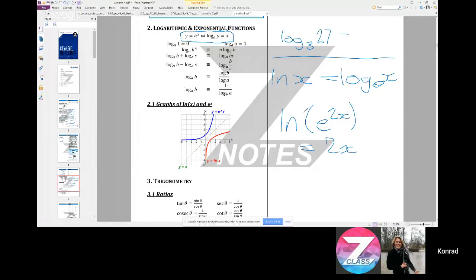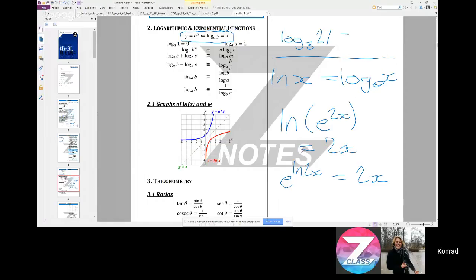So this is an important thing to get used to: the idea that natural log, ln, and e cancel each other out. And equally, e to the power of ln of 2x is also equal to 2x. They cancel each other out both ways.